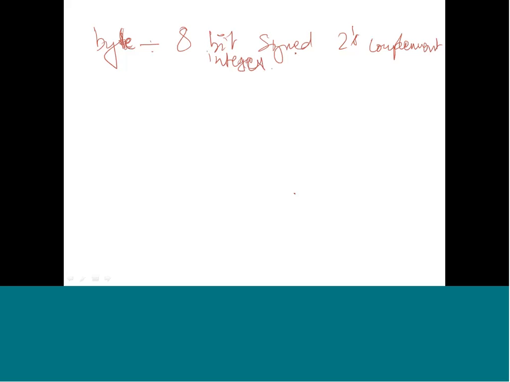I would like to represent a byte as this. Well, I personally don't know how many F's go in there. 00 through FF. And then there is this whole shifting operation, right?